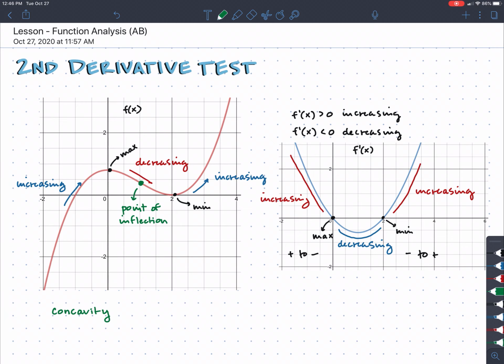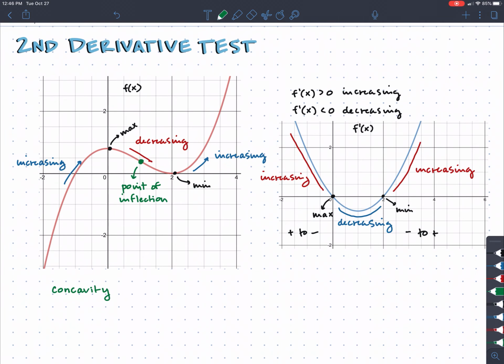So we can either have a part of this function that is concave down, so something like this would be concave down. And we see that on our graph here that this portion of the graph is concave down. Or we could have a function that is concave up.